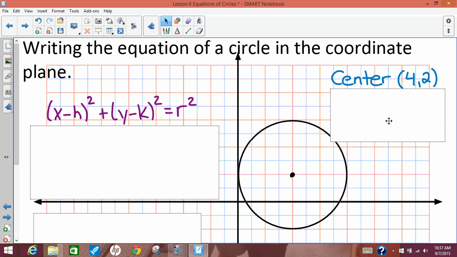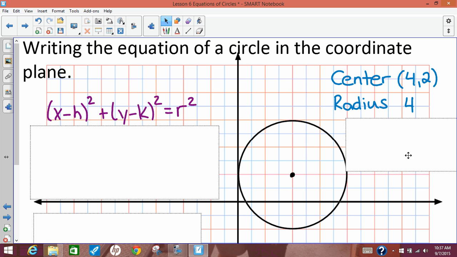And I also need the radius of the circle. The radius is the distance from the center to any point on the circle. So I can easily count up, down, left, or right, and that'll tell me the radius is 1, 2, 3, 4 units. So now I can take this information and plug it into the standard equation and simplify, and I can have myself an equation that describes this circle.